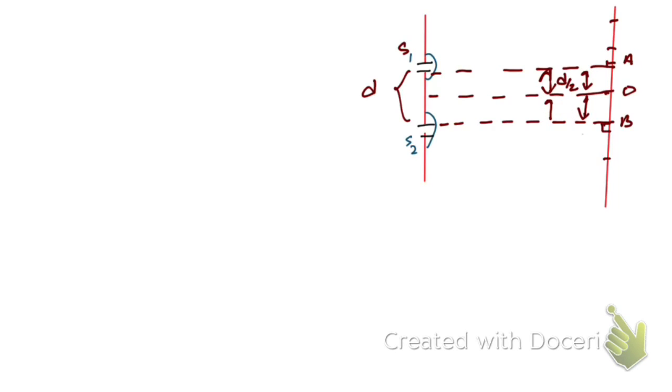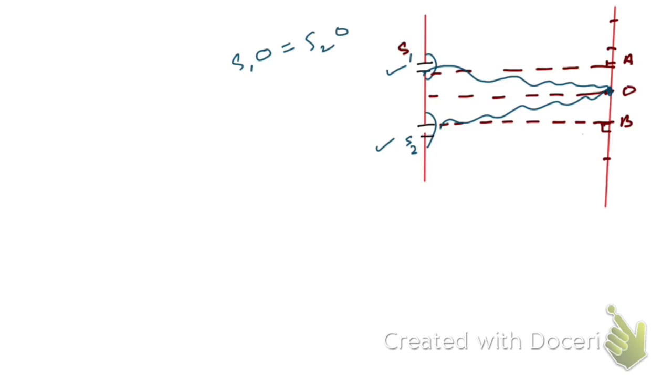Now the light waves traveling from these two sources, S1 and S2, will reach the point O, which is equidistant from these two sources. That means S1O equals S2O.